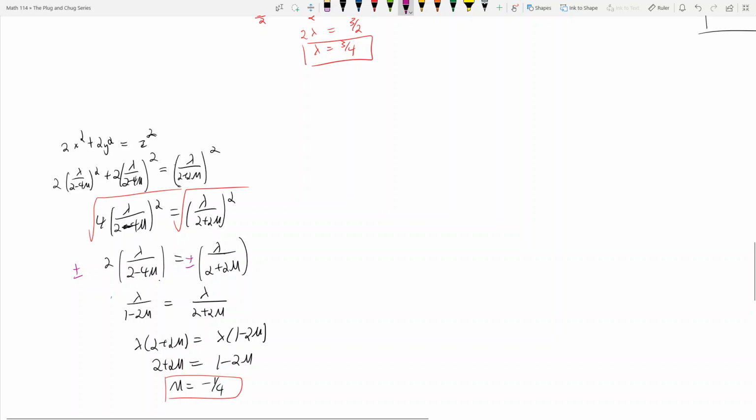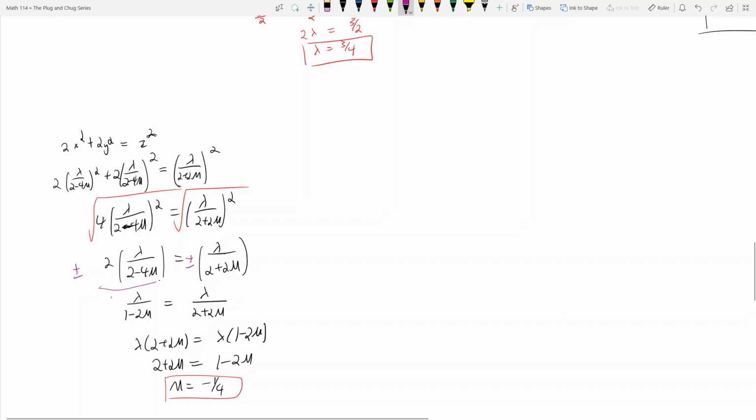So they can either be the same sign or different signs. Either this side is plus and this side is plus, or the left-hand side is minus and the right-hand side is minus. So that's the possibility that we can have.